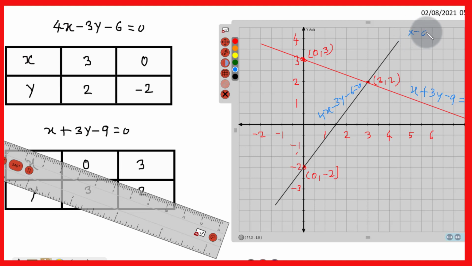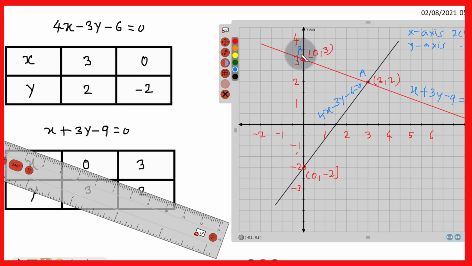And on the x-axis write 2 centimeter is equal to 1 unit, and on the y-axis also 2 centimeter is equal to 1 unit. Now it is said that you have to write the coordinates of the points.